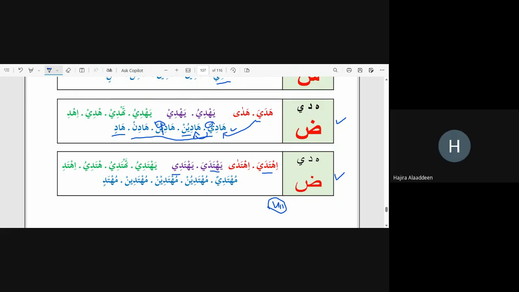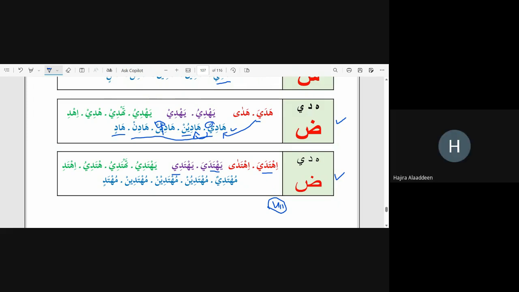We are just rewriting it with a noon sukun here, muhtadiyun. The ya with the dhamma cannot go with the kasra before it, for ease of pronunciation. The dhamma is changed into a sukun, so that the ya and the kasra go together for easy pronunciation. That's how we get muhtadi.